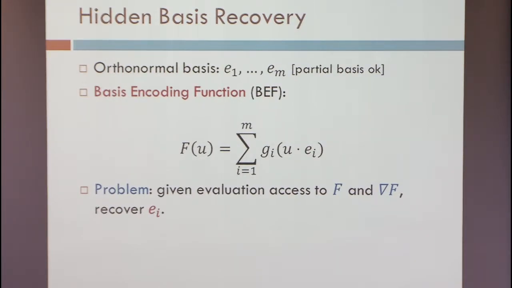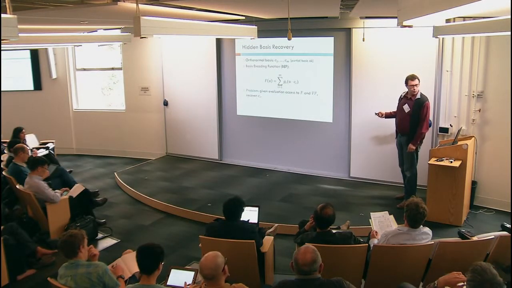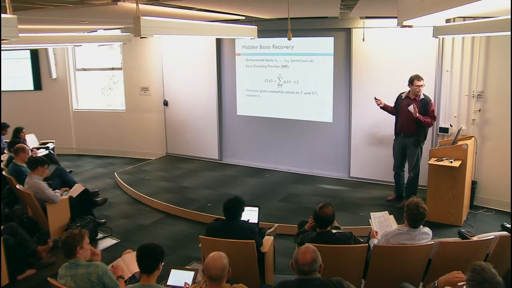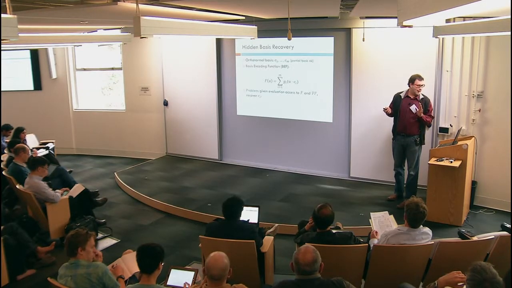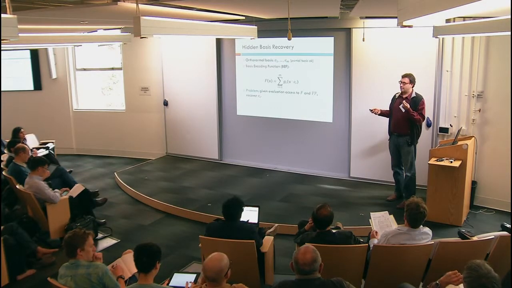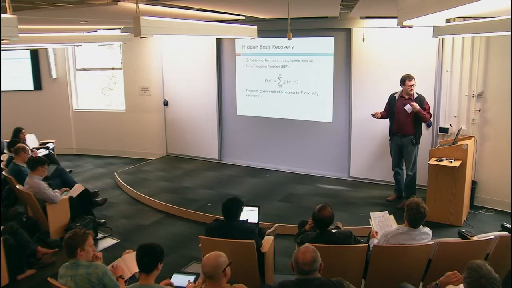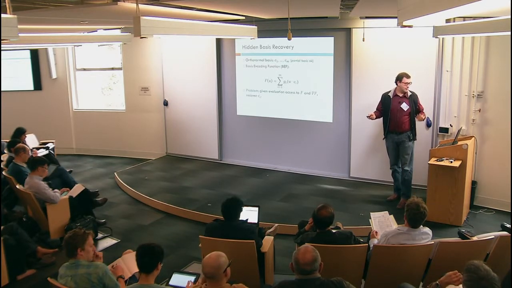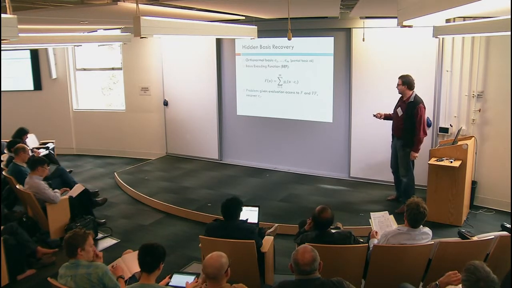Can you choose u, or can you decide which u to use? So typically you assume that the E_i are unknown, so the problem is to recover the E_i, and u is just an arbitrary vector. So yes, you can choose it in principle. You mean something like active learning? Yeah, why not? You can do that.